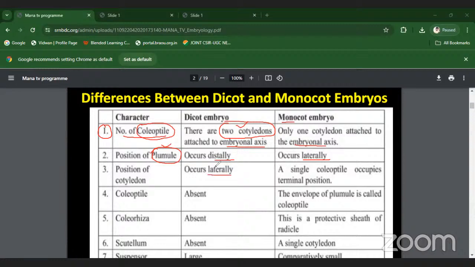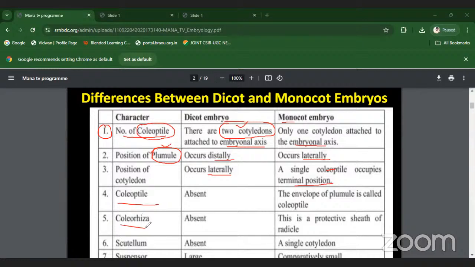We will see this clearly in the diagram later. In monocot the single cotyledon occupies the terminal position. So dicot lateral, monocot terminal.